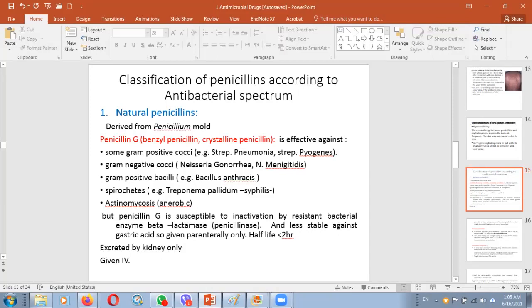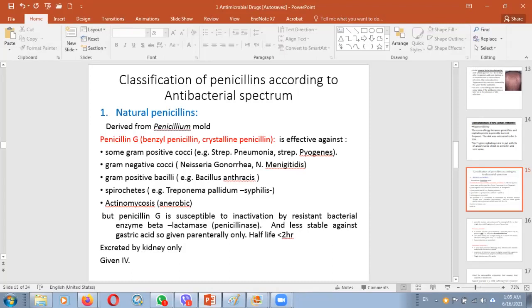Neisseria meningitis and Neisseria gonorrhea are closely related. Gram-positive bacilli like Bacillus and spirochetes اللي هي مثال عليه Treponema pallidum that causes the syphilis disease, kind of STD, sexually transmitted disease. Actinomycosis, it's a kind of anaerobic bacteria.